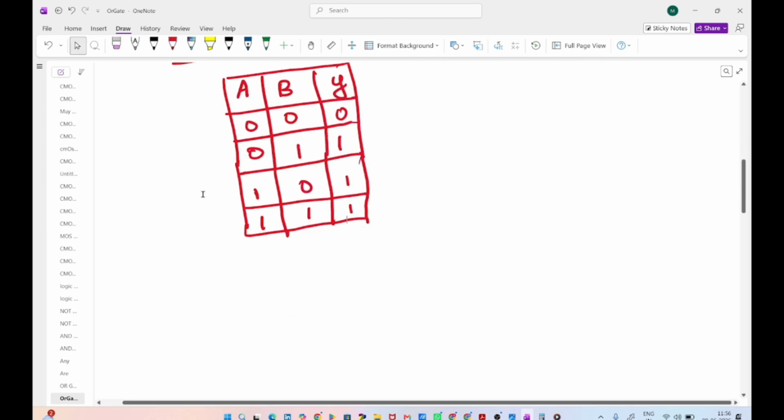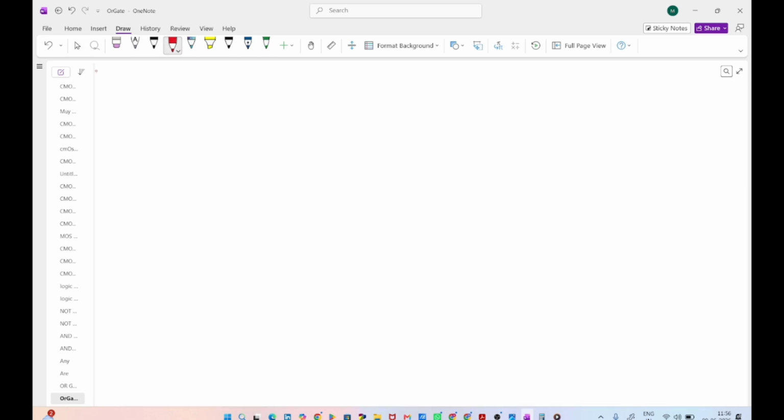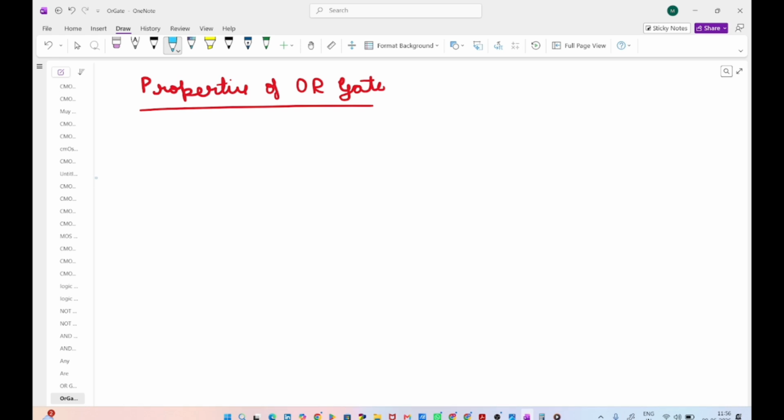Let us next discuss the properties of OR gate. Properties of OR gate. First one, let us consider two input OR gate.